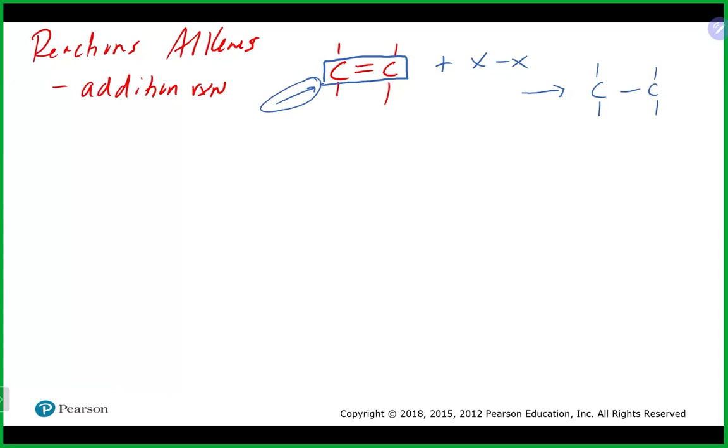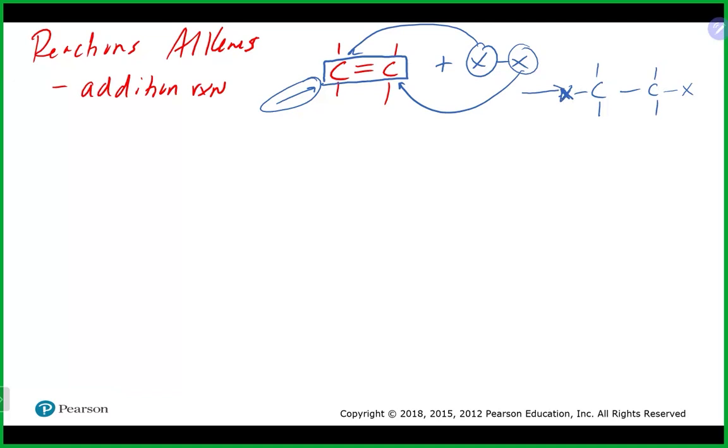Nothing else changes. We're just going to make that double bond into a single bond. That allows room for each of these things to add in, and they're going to add in to opposite carbons. One's going to go to each of the carbons, and that will add in our guy here as well on this side.